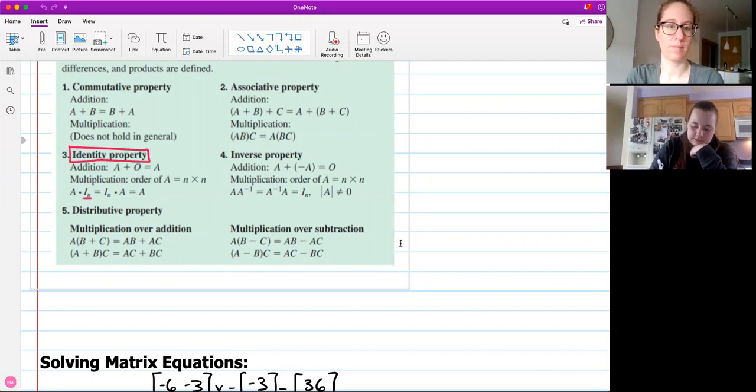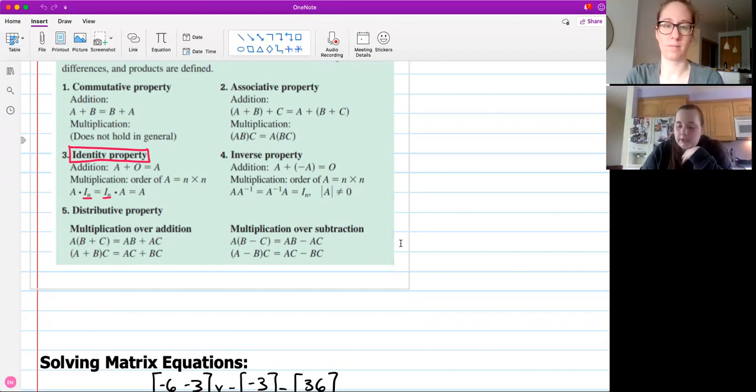Remember that this I is our identity matrix. If you multiply A times the identity, or the identity times matrix A, you're going to get A back. So essentially your identity matrix is equal to 1, kind of think of it as 1. And that comes in handy when you need to solve for things.